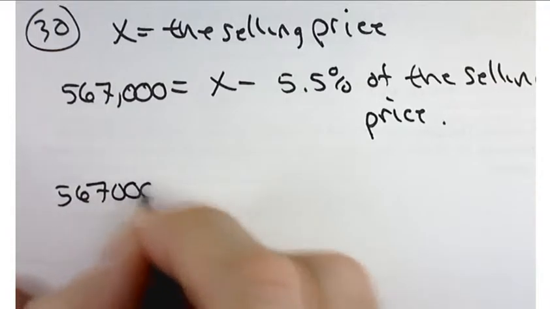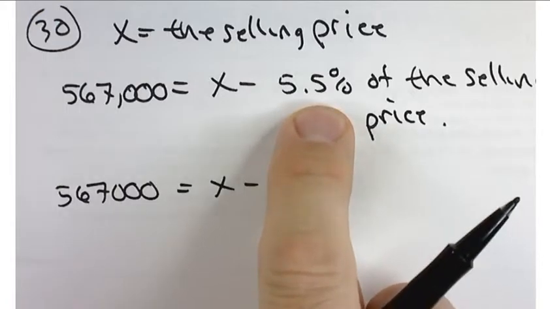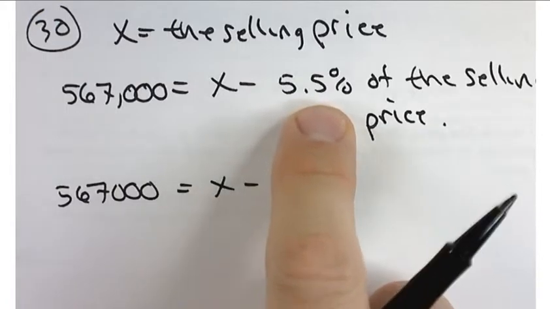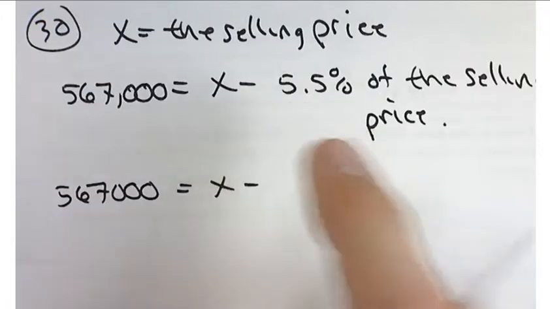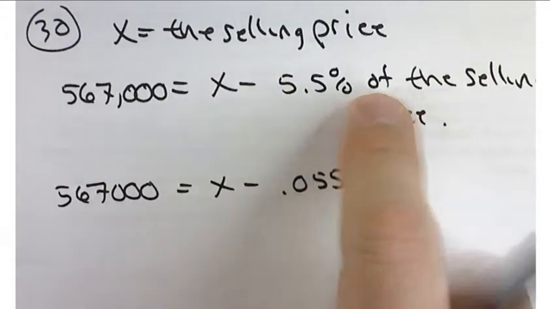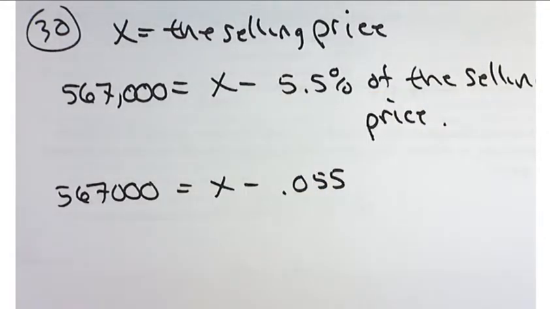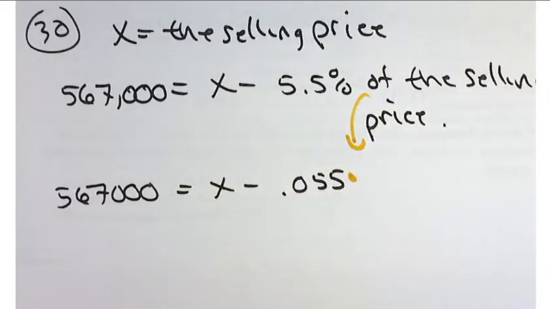567,000 equals x minus. First things first, let's convert this to a decimal. What's 5.5% as a decimal? Good. 0.055. The word of, what's that going to mean mathematically? What are we going to have to do? Multiply. So there's your multiplication.